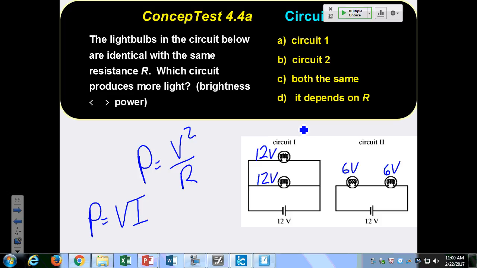So that's one of the advantages of having these different expressions for the power, because you can look at the different expressions and just pick the one that has the one variable that changes and the other variable remains constant. Sometimes your resistance remains constant, sometimes your voltage remains constant, sometimes it's your current. So you just have to play that by ear, but that's why we have those three expressions.